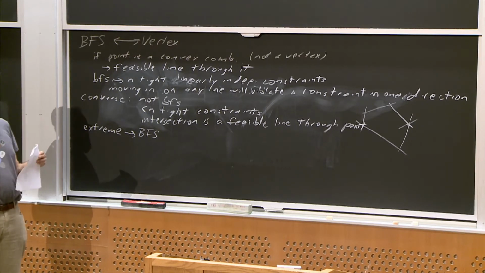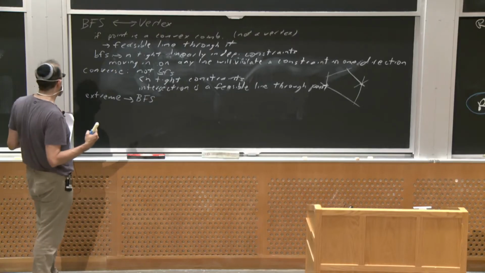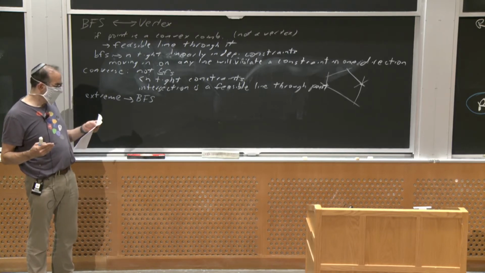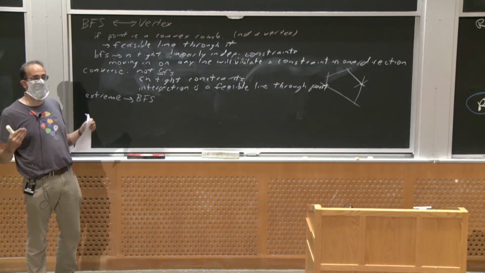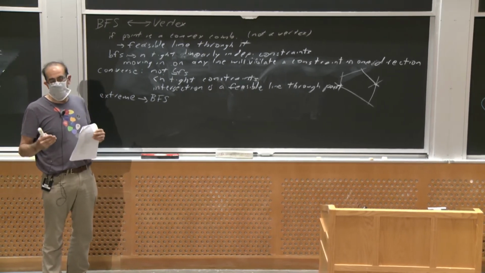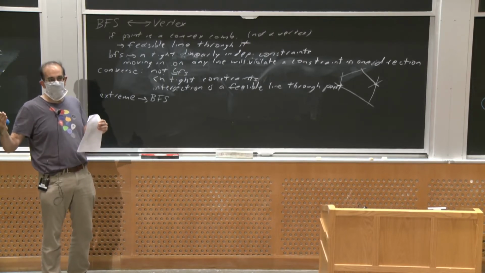What's going to stop you from moving to another optimum is the question. So if your point is extreme, you cannot move towards any other optimum. Imagine if there was another optimum, there would be a line between your optimum and the other optimum.